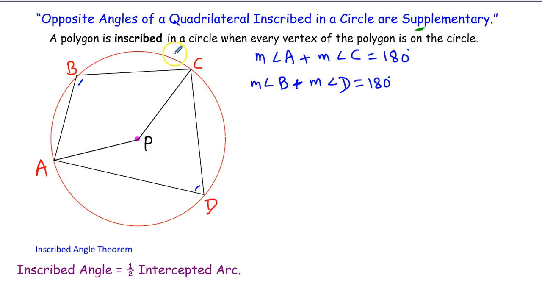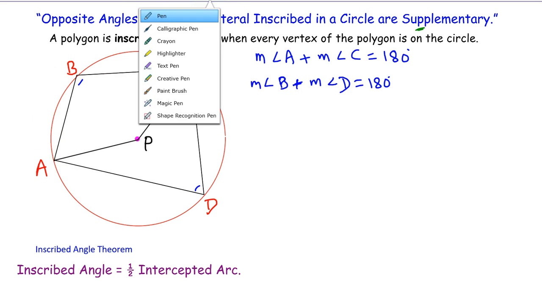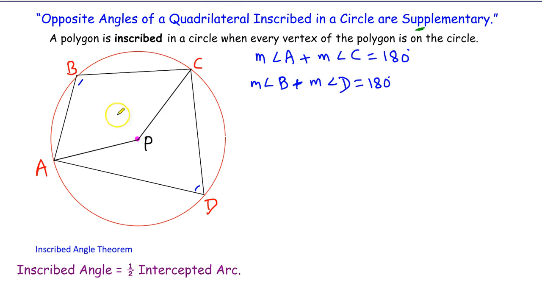Now, let us take this arc ABC. That arc ABC is the intercepted arc. For which angle am I taking this arc?